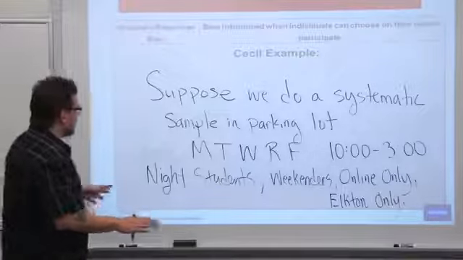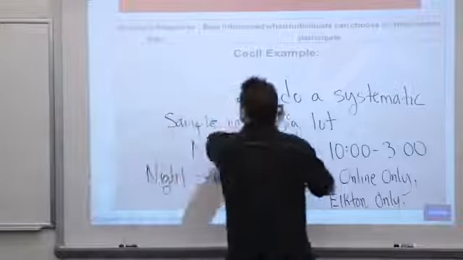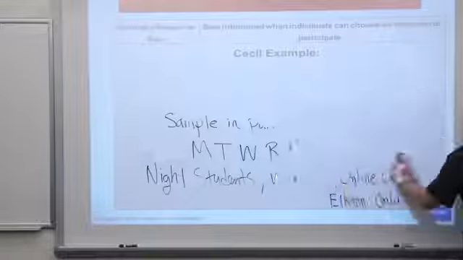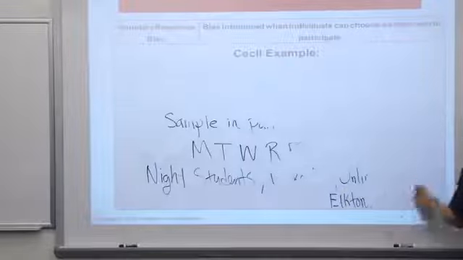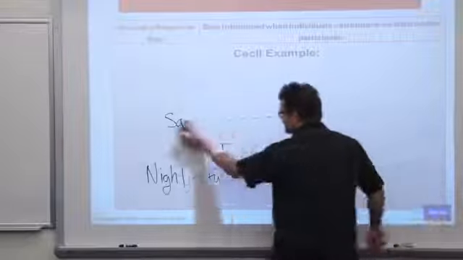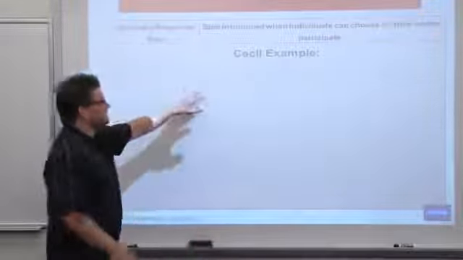Last but not least, I promise, if you flip the page, there's nothing more here. We're done. Voluntary response bias. Bias introduced. Individuals can choose on their own whether to participate. Back to Cecil College.